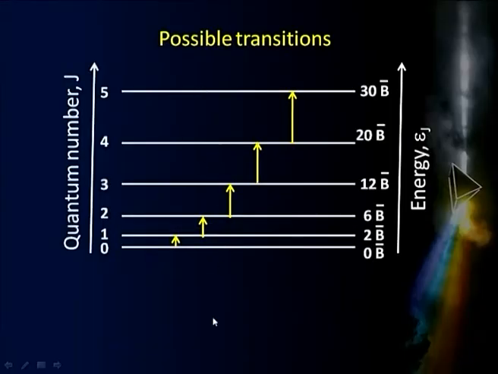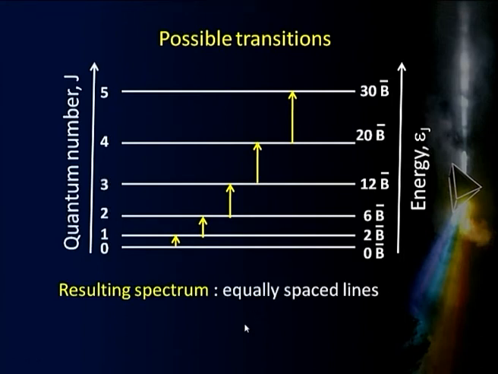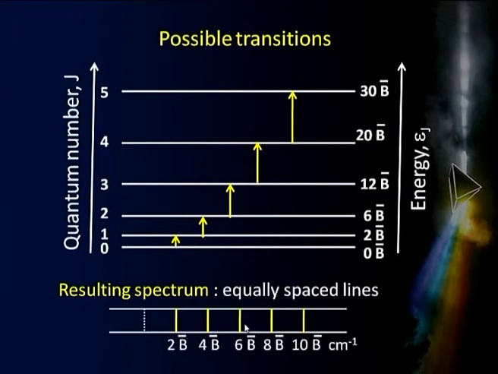Now, let us see what the possible transitions are. As I just mentioned, delta J is equal to plus 1 or minus 1. I am showing the transitions for delta J equal to plus 1. In that case, the first transition I will observe will be from 0 to 1. Next will be from 1 to 2, 2 to 3, 3 to 4 and so on. If these transitions are there, the resulting spectrum will be something of this kind.